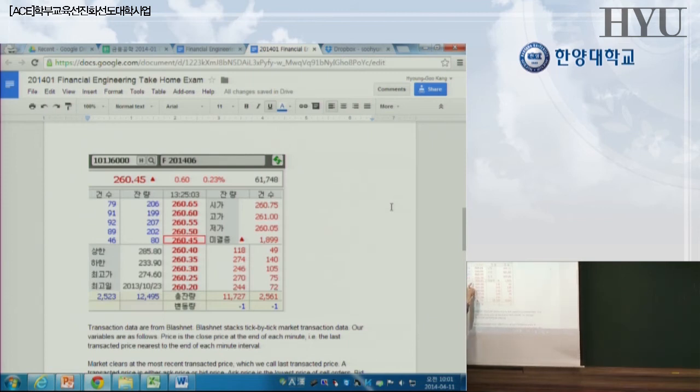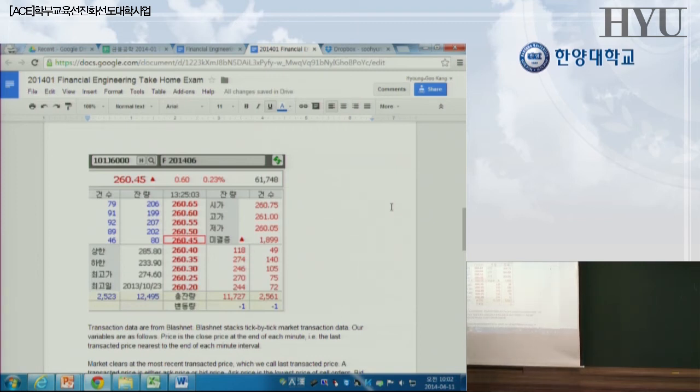This screen shows the lowest 5 sell limit orders, but of course there are more. If we add all the remaining limit orders, that is 112,495, the aggregate of total sell limit orders at this moment.